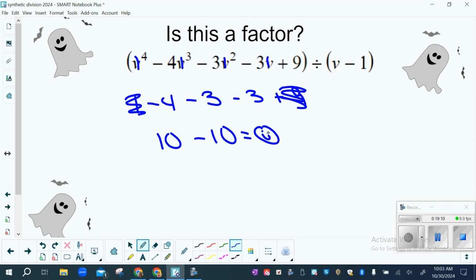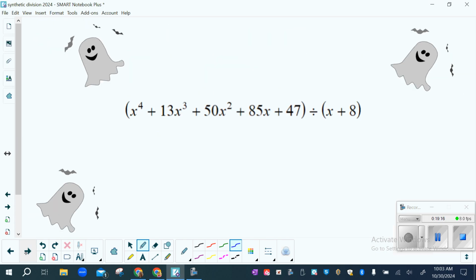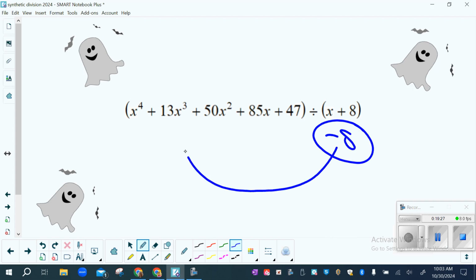Maybe it's faster, but here's my problem with her method. Not that it's wrong. If I had to do it on this one, that would be a nightmare, because what number would I be plugging in? -8. Who wants to plug -8 to the 3rd power times 13? No one.